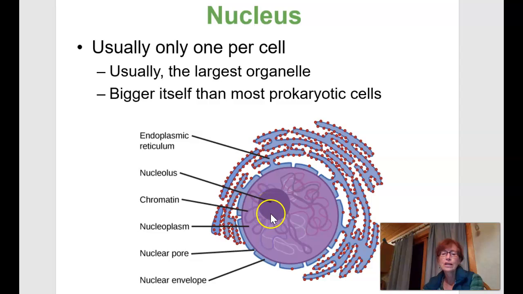And then the nucleus is surrounded by its own membrane, sometimes called the nuclear membrane or the nuclear envelope. And within that are pores, openings, because you need to have some openings that are going to allow things to travel in or out of the nucleus.